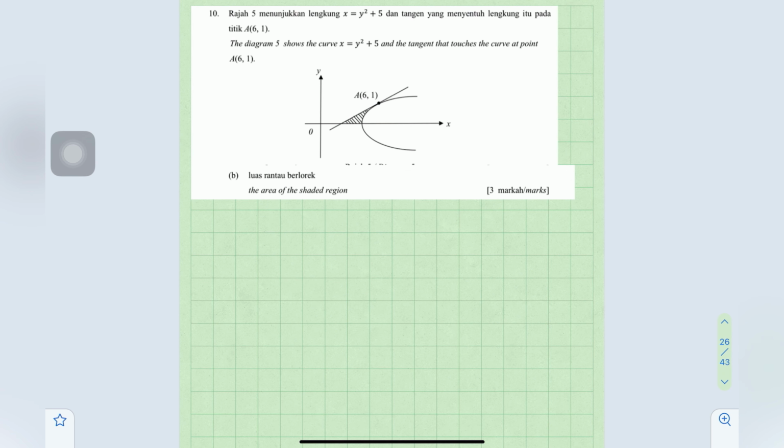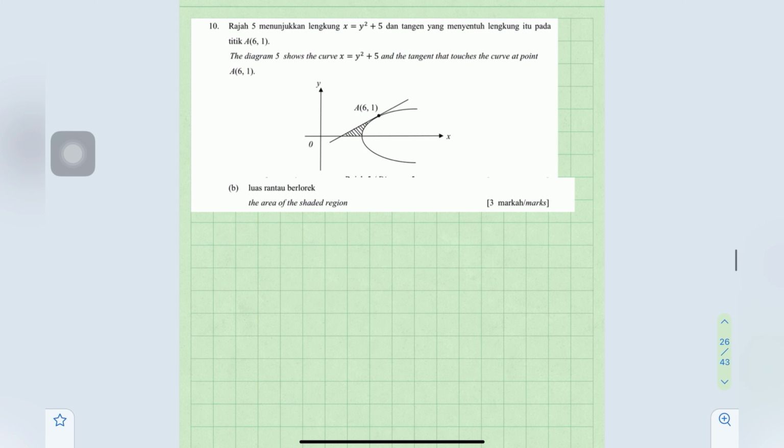B, find area of the shaded region. Okay, to find area of shaded region, we have the formula A equals to integral from a to b of y dx or integral of x dy. So now we have x, so maybe we can use the second one, it's easier.